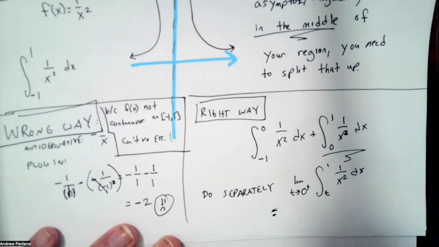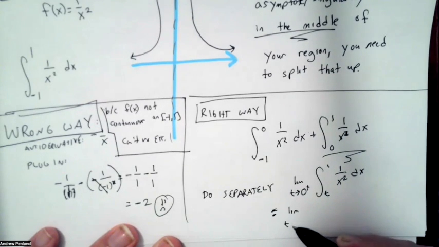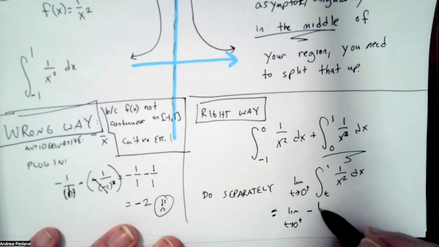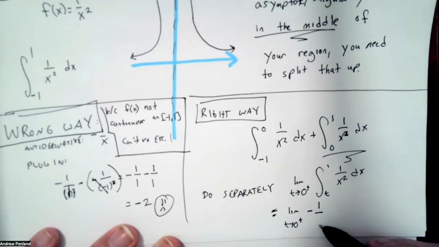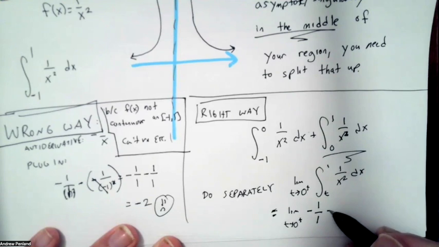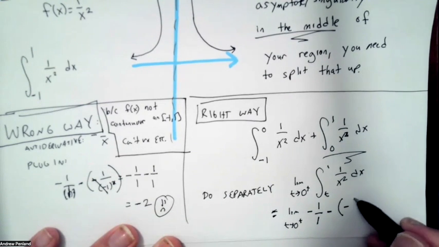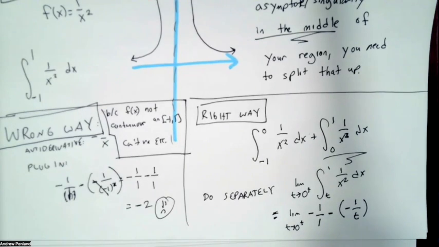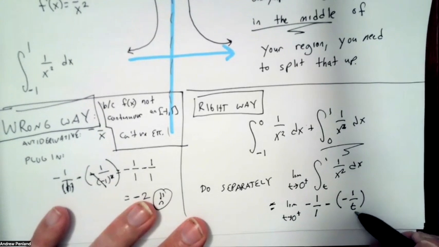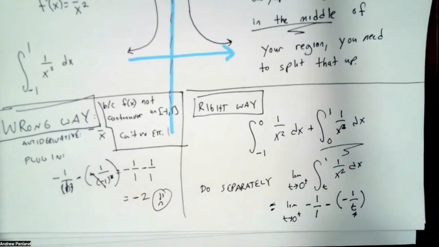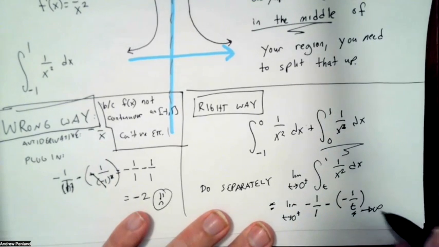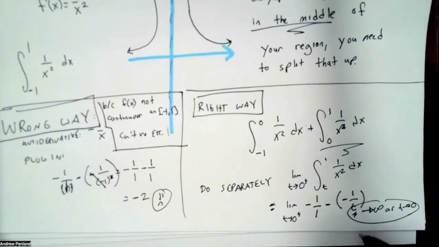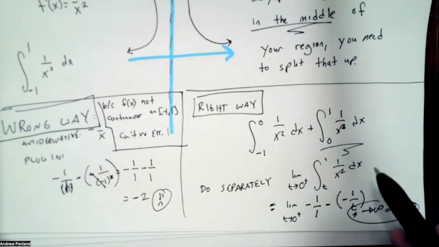So again, this is the limit as t approaches 0 from the right of -1 over 1 minus -1 over t. And this actually doesn't work because this becomes infinity as t approaches 0. So the right way tells us that this integral doesn't exist.